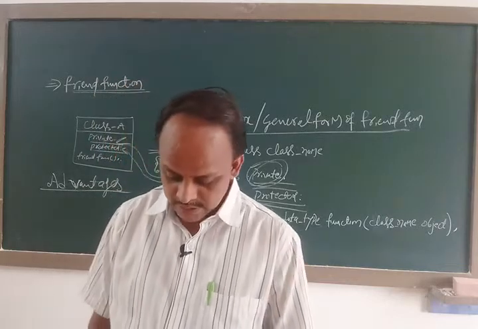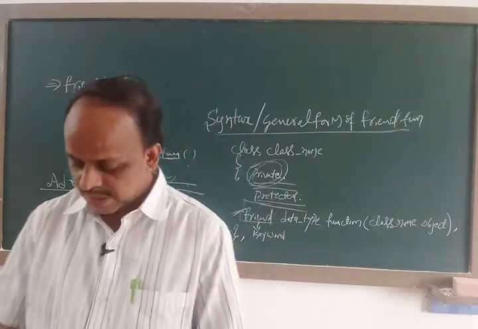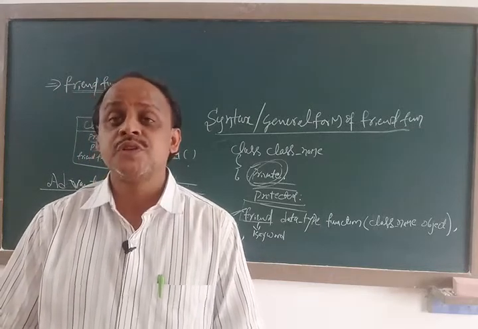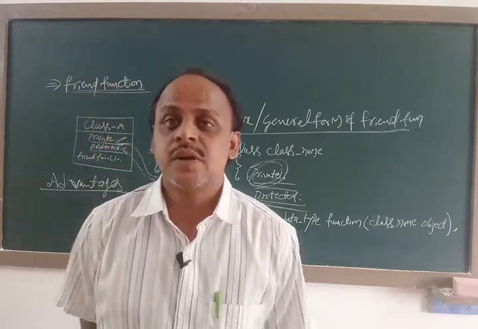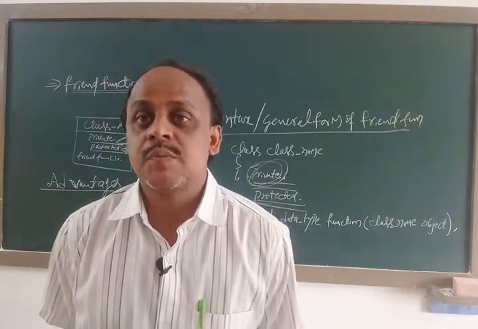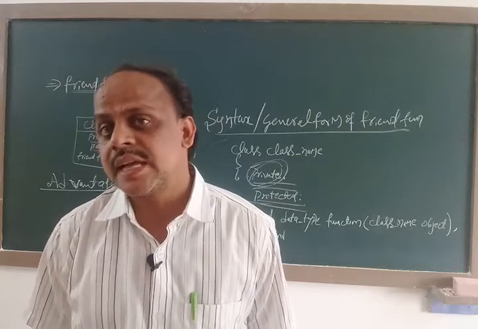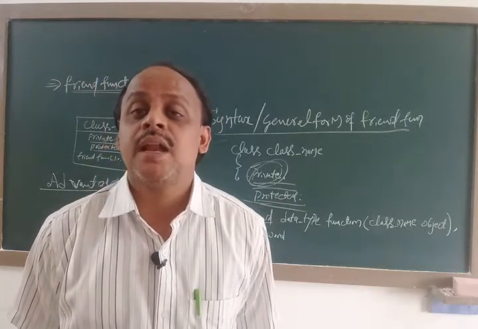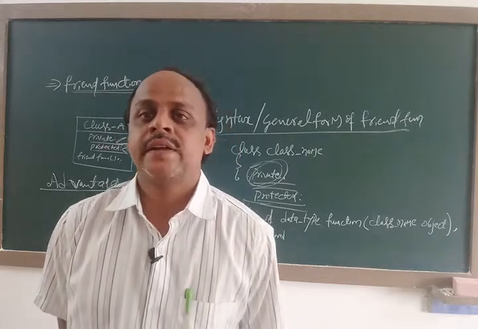Second point, a friend function can be defined outside the class without using a scope resolution operator. This is also an advantage, right? Suppose in the class we declared a function and we want to define it outside the class, how do we define that function of a class? With the help of a scope resolution operator.